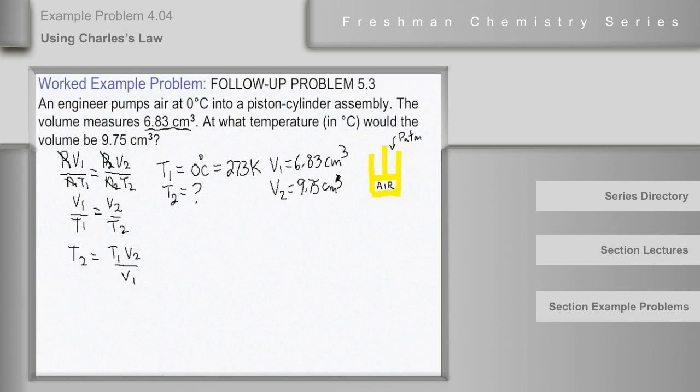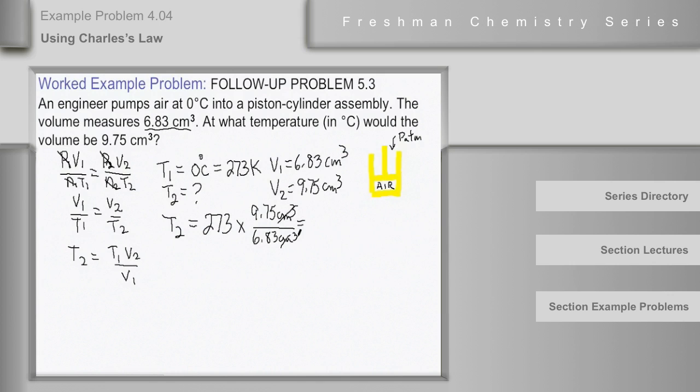So if we plug into the equation that we arranged down here, T2 would be equal to T1, which is 273, times the ratio of V2, 9.75 centimeters cubed, over 6.83 centimeters cubed. And you can see the centimeters cubed are going to cancel.